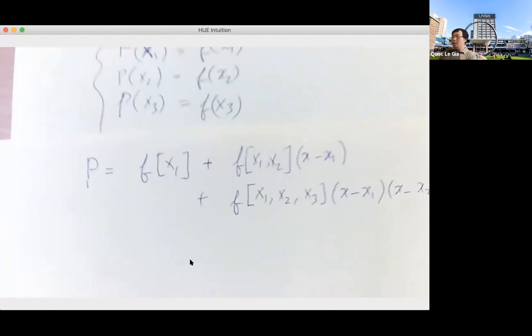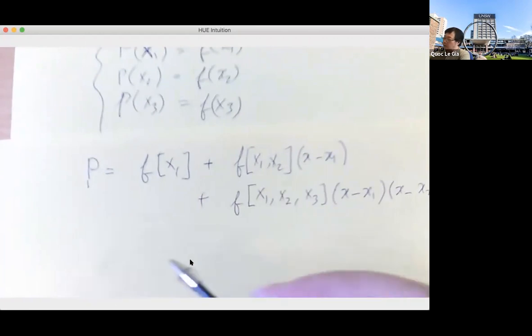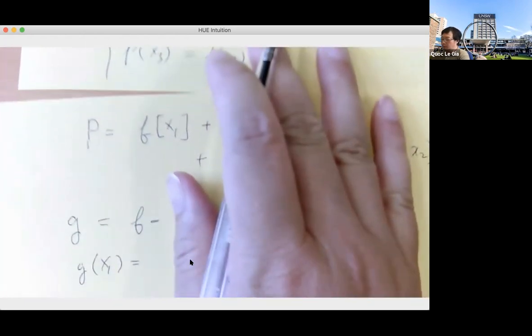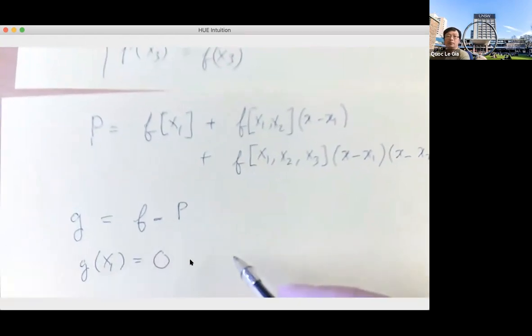Now let me introduce another function, which I call g. So g equals f minus p. What is so special about this function g? Well, I know that g(x1) equals 0.